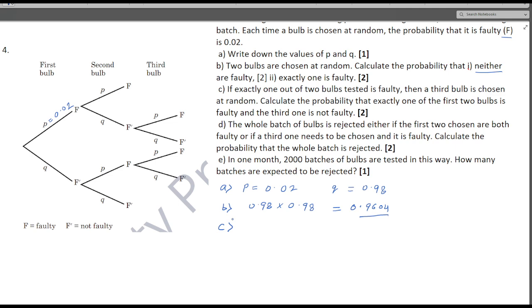Calculate the probability that exactly one of the first 2 bulbs is faulty and the third one is not faulty.